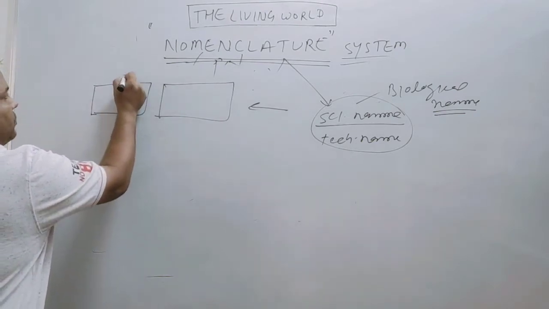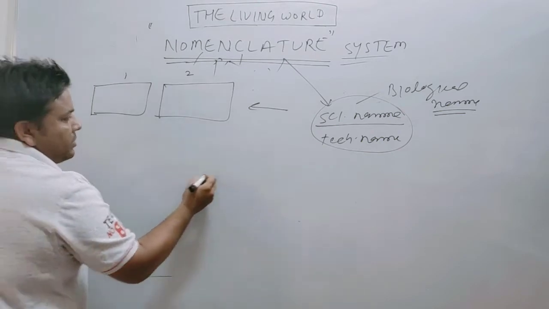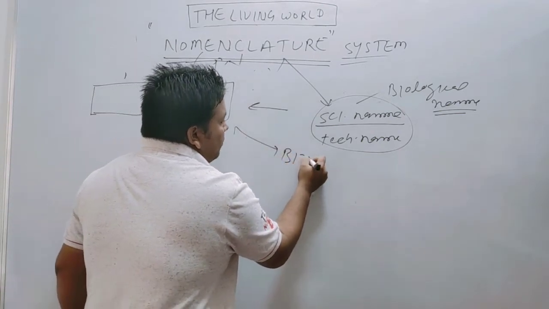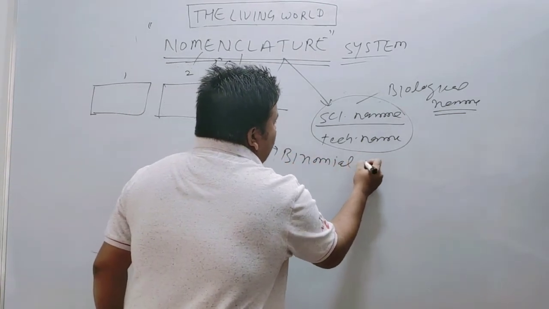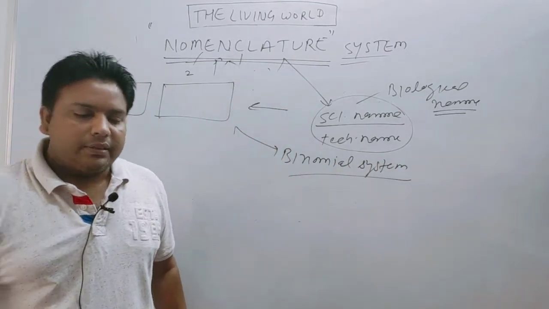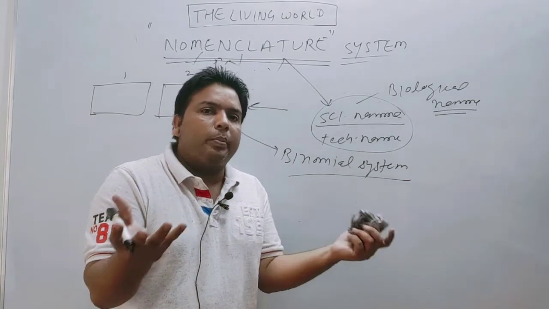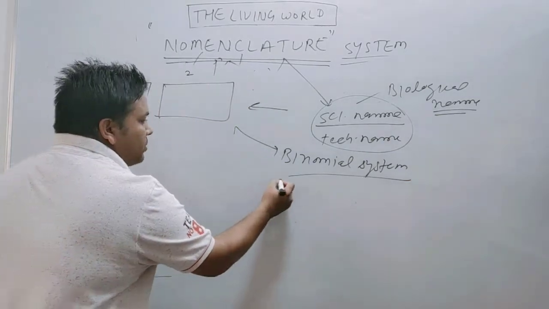So that's why this system is called the binomial system of classification. Bi, do; nomial, naam; binomial system of classification.